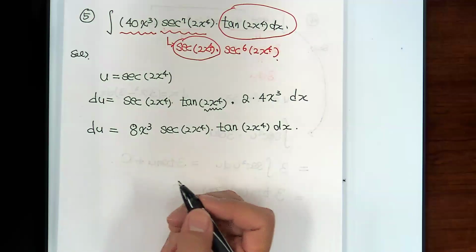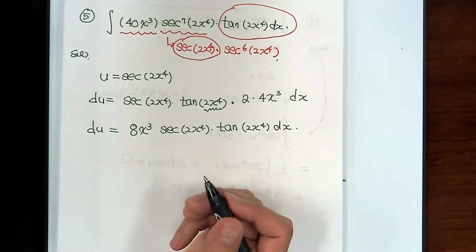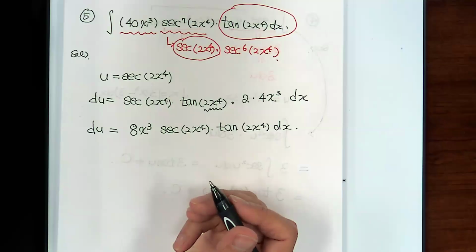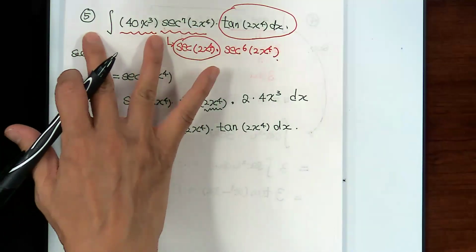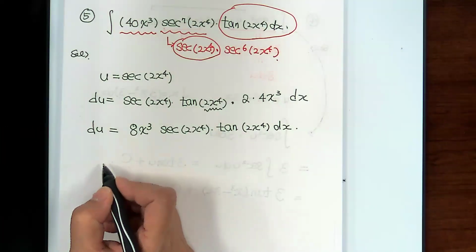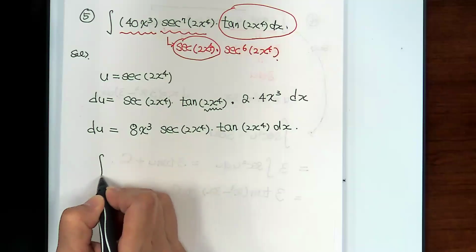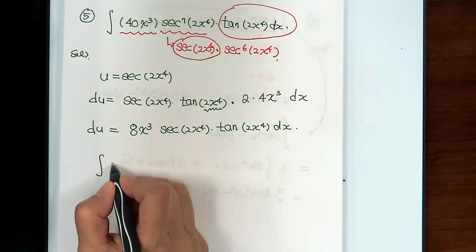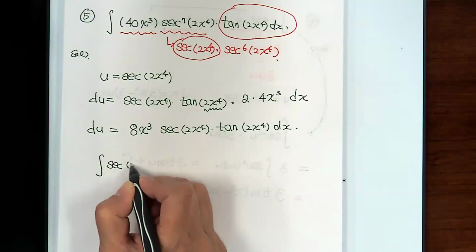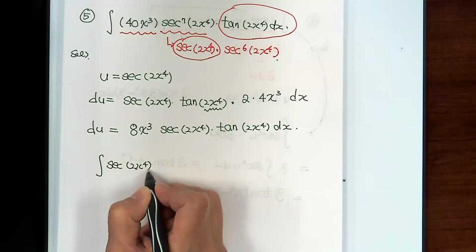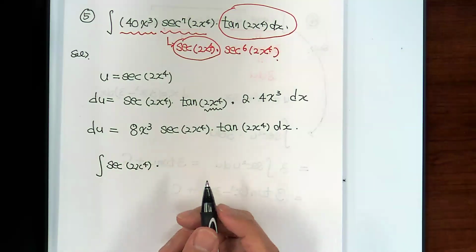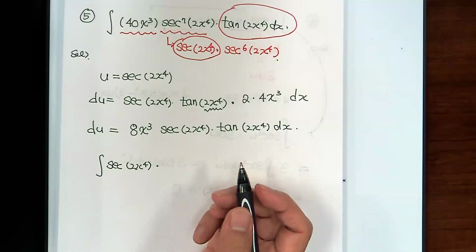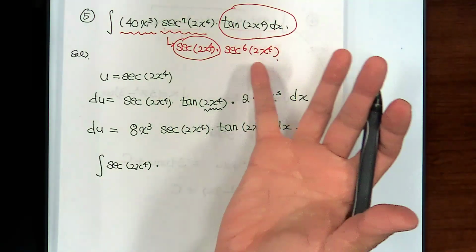So, what can we do with this? We rewrite this like this. So the integration, we put u equals secant of 2x to the fourth power, and we will think about u to the sixth power.